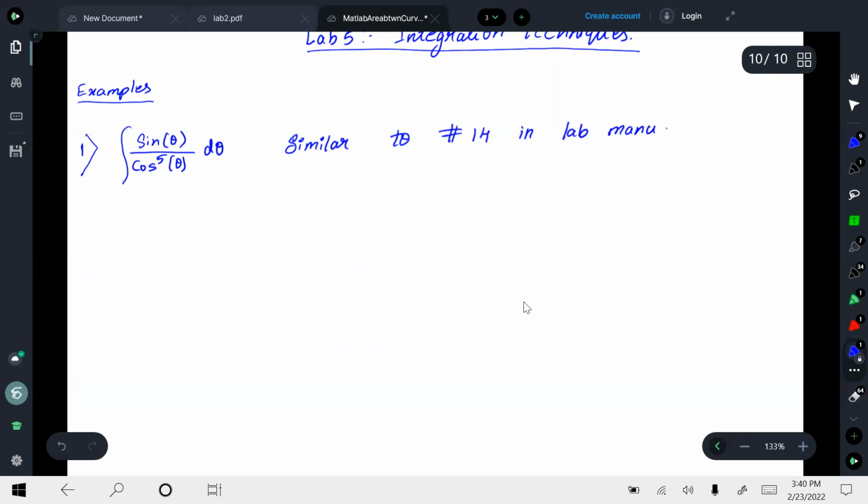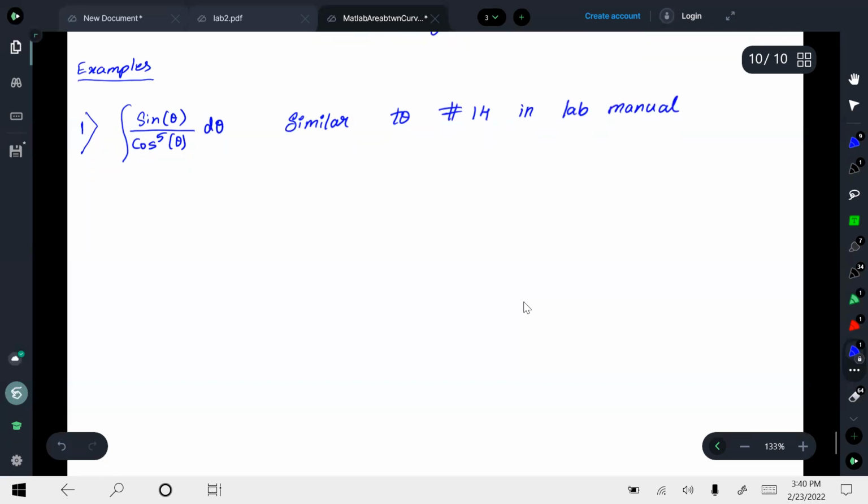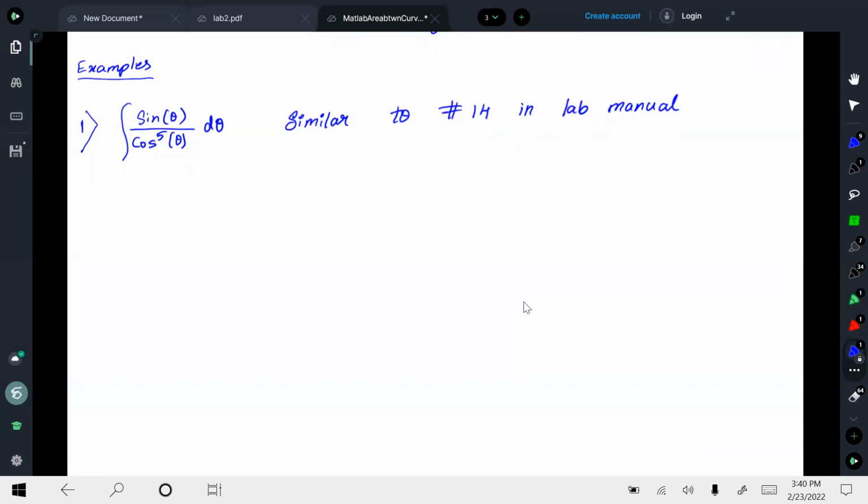The only difference is in the power. Okay, fine. So I will go with U substitution here. I cannot apply the product rule, right? So I'll go with the U substitution.